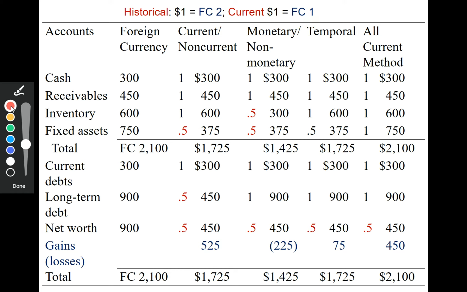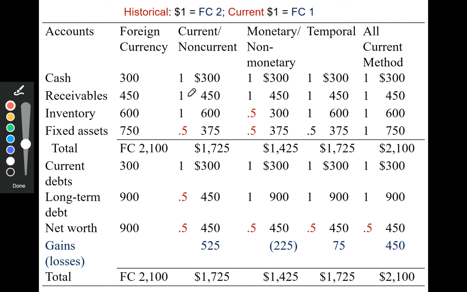So here I need to put a 1. And that one tells me if I multiply 300 units of foreign currency by 1, I would get $300 as a translation of that value.